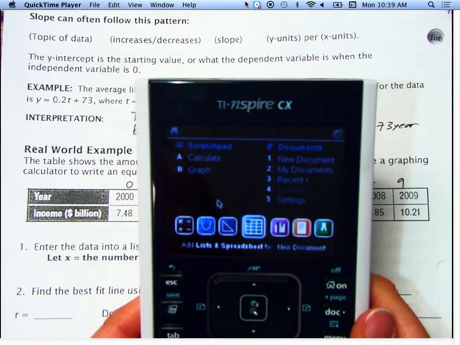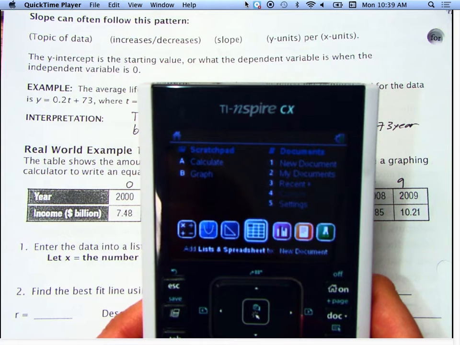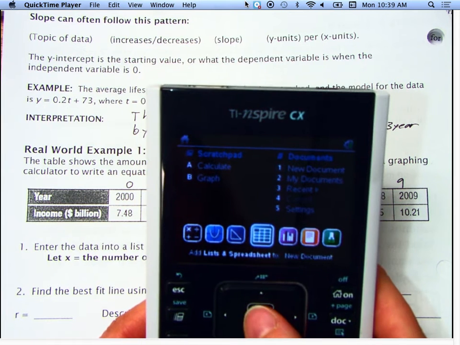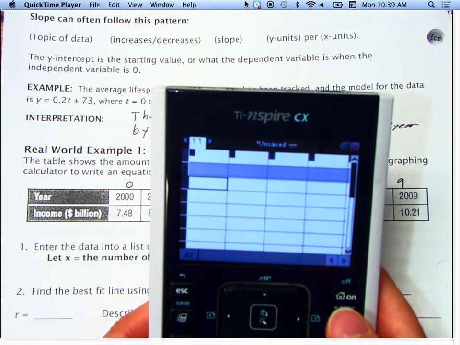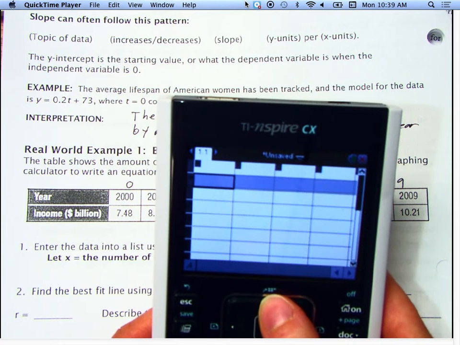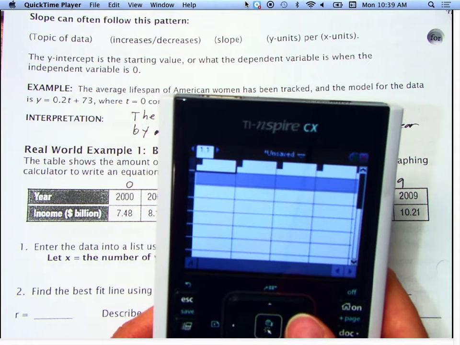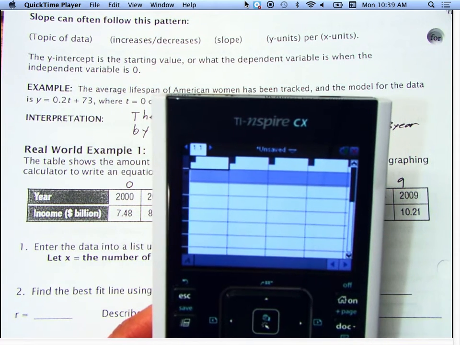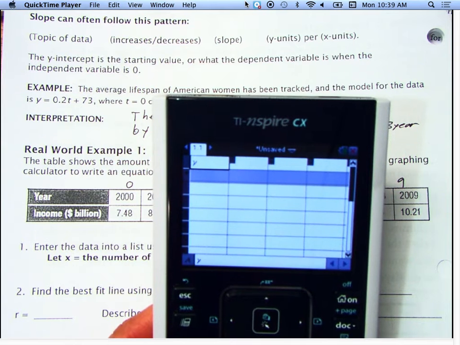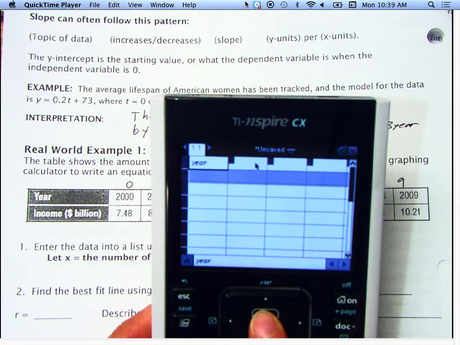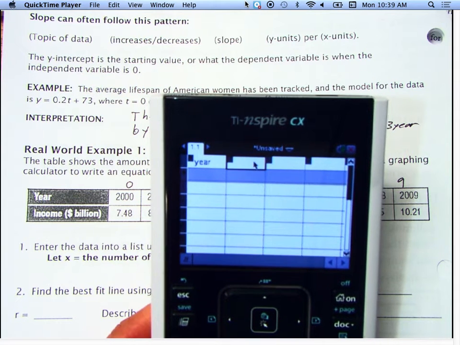Okay, so the first thing you're going to do is go to lists and spreadsheets, right? That's that green button. Okay, and it comes up like this. I'm going to go up to where it says A at the very top, and the first thing I'm going to type is year, Y-E-A-R. And then under B, I'm going to put income. And we know it's in billions.